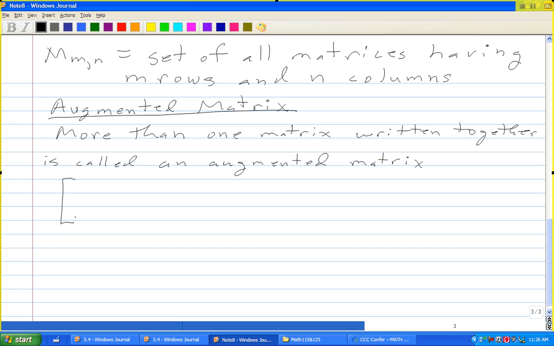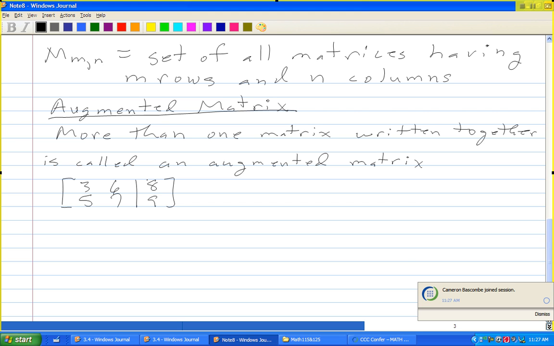So an example could be, I don't know, 3, 5, 6, 7, 8, 9. So this could be an augmented matrix. So I have this one matrix and this other matrix.